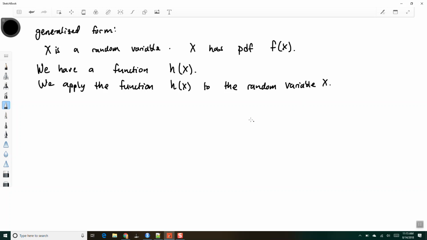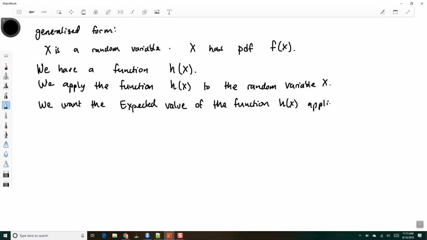And then let's say we want the expected value of the function h of x applied to random variable x, which is written like this.